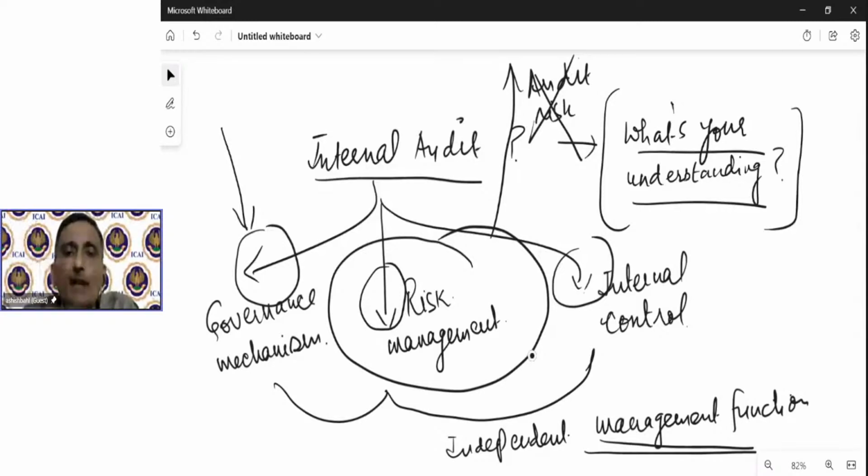So therefore, the internal audit function helps in strengthening all these three areas.